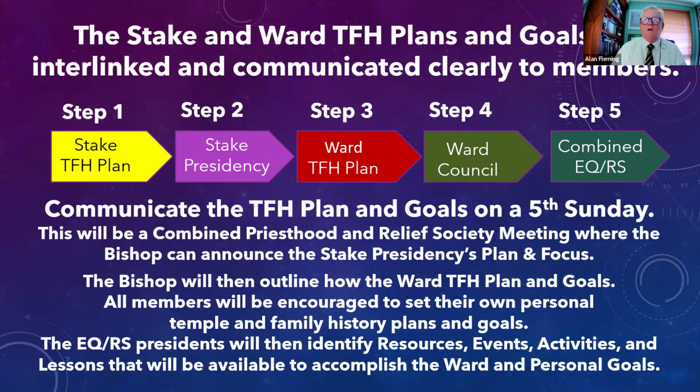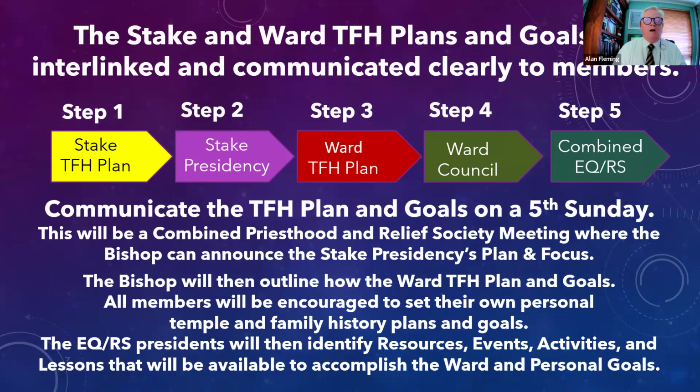That will then go to the Ward Council, and what you might look at is having a combined Elders Quorum and Relief Society meeting on a fifth Sunday. If the fifth Sunday is three months away, you might consider just holding it separately in Priesthood and Relief Society. But if you have them combined, it works much better. Now, you can also include within that what the stake presidency's temple and family history plan and focus is.